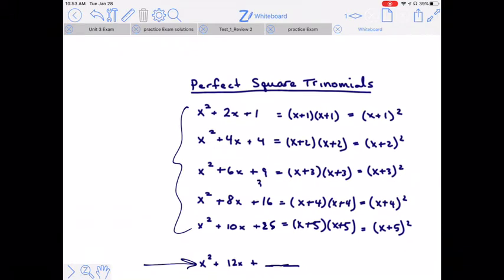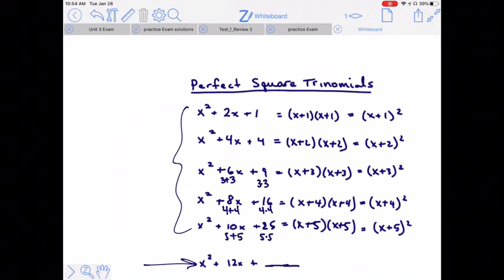For example, this one is 3 times 3, this term is 3 plus 3, or this term is 4 times 4, so the middle term is 4 plus 4, or here this term is 5 times 5, the middle term is 5 plus 5. That's the pattern that arises with these perfect square trinomials.